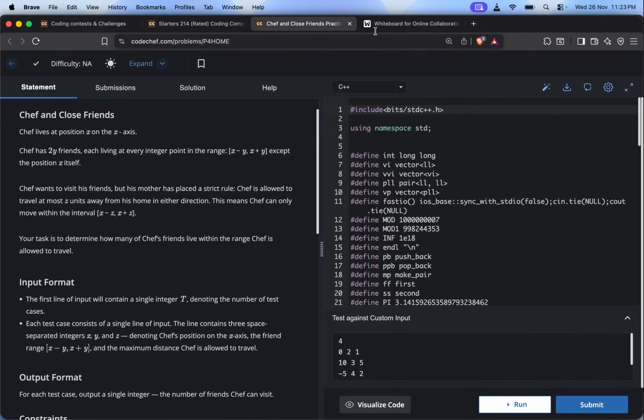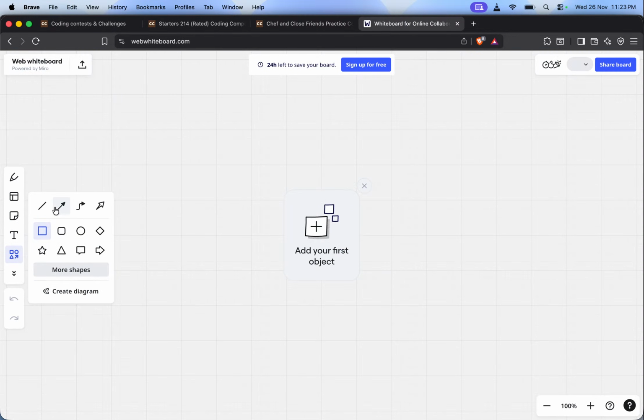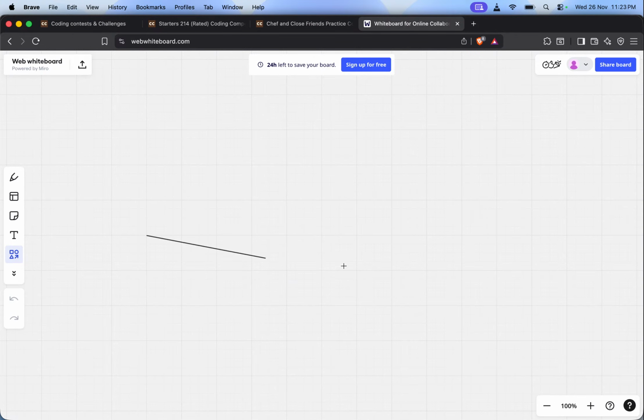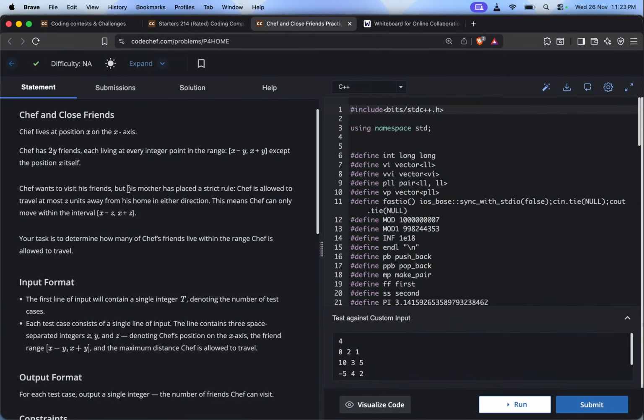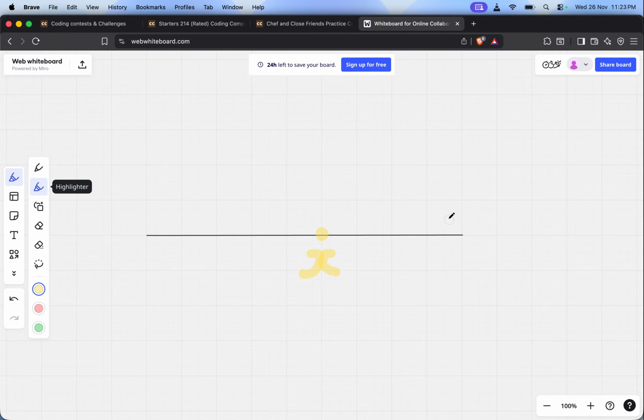Okay, so the problem statement states that Chef lives on a number line. The center of it is x, where Chef lives. Alright, now there are two boundaries, both on the positive side and negative side of x.